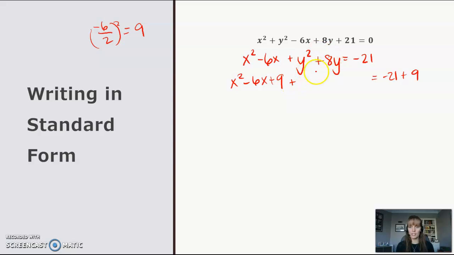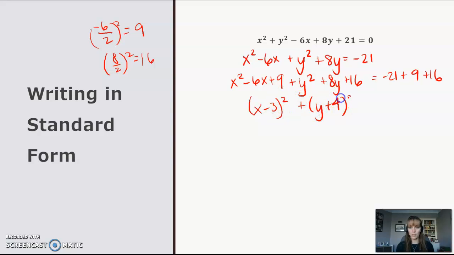Then I do the same process with my y's. So I take 8, divide it by 2, and square it, and that's going to give me 16. So I have y squared plus 8y plus 16, and then I add 16 to the other side as well. I now factor these, so I have (x minus 3) squared plus (y plus 4) squared is equal to 4.